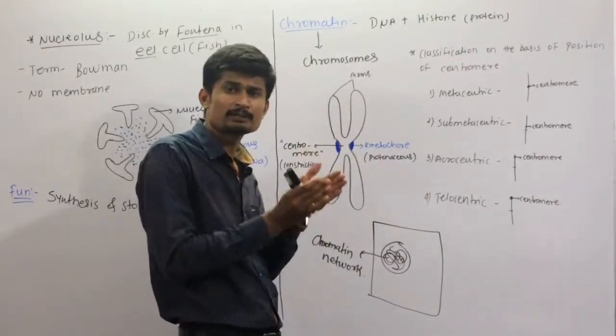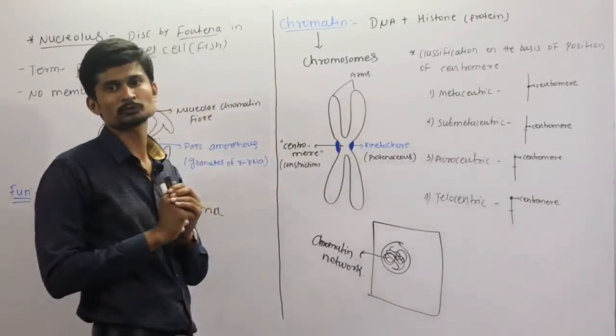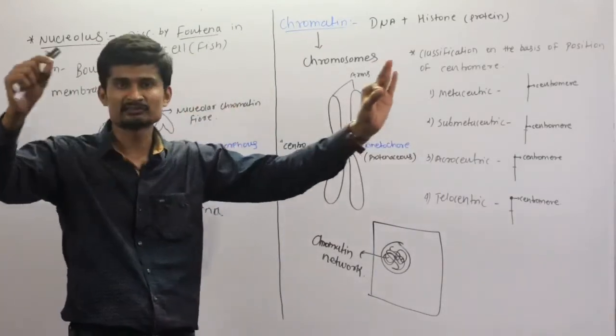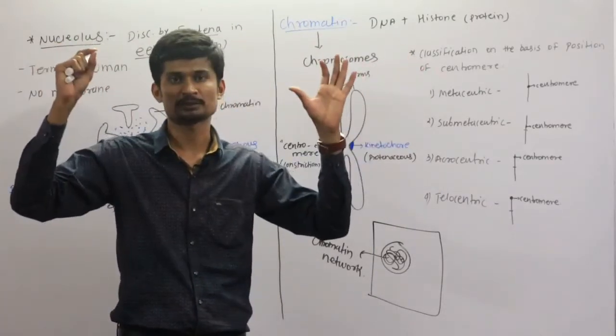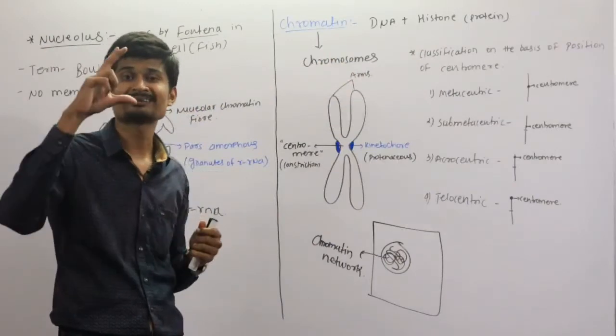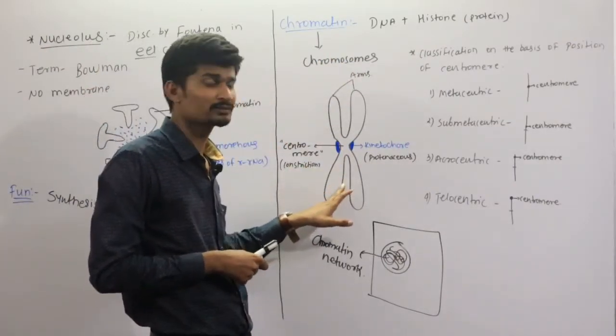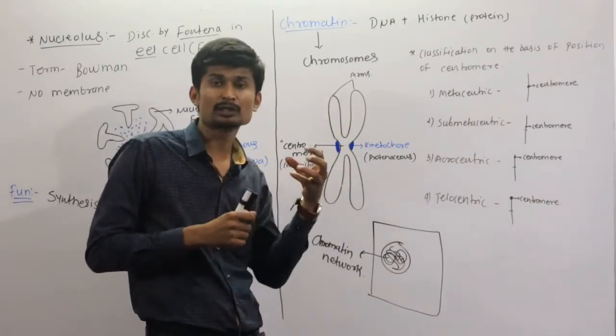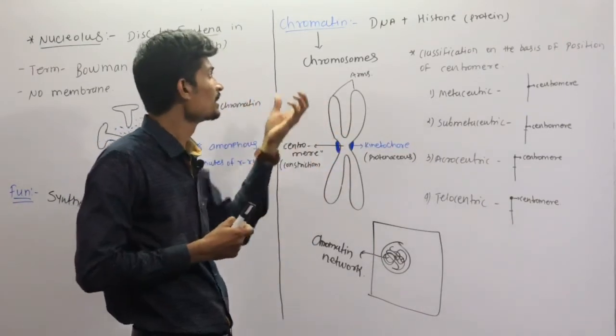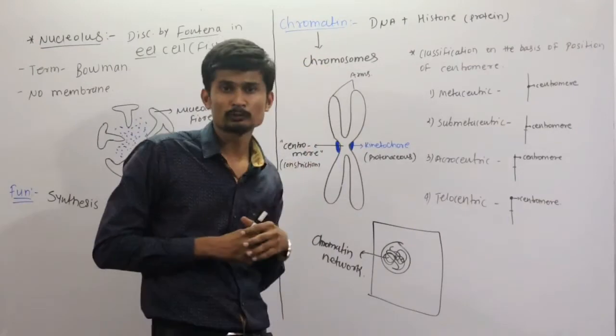So what is the difference between chromatin and chromosomes? Chromatin is a thread-like, network-like structure. Chromosomes are the condensed part, looking like an X body, an X structure with two condensed arms. Now why are they called chromosomes?